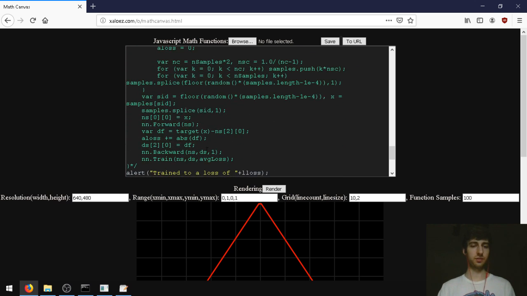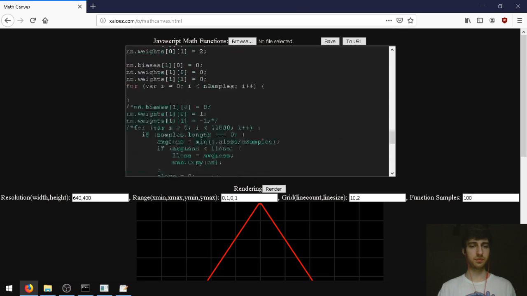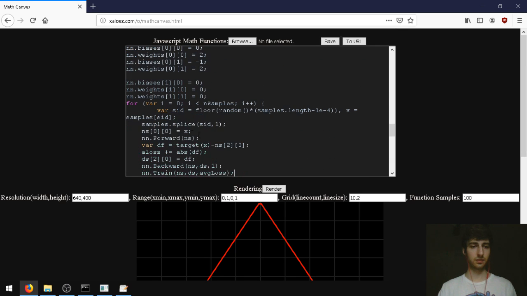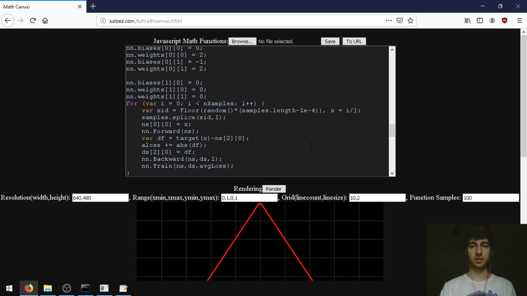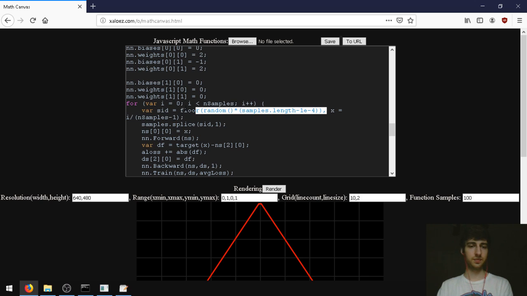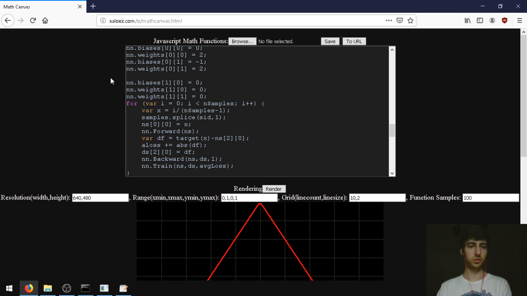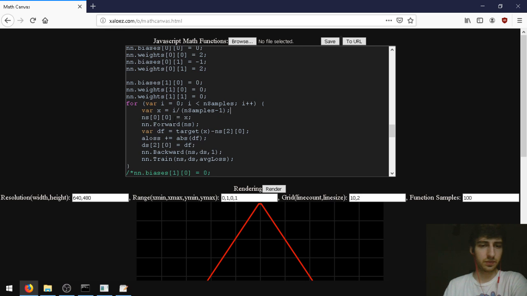So I'm going to do a very similar thing that we do here. Instead of randomly sampling, we're going to sample it fixed. I divide by n samples minus 1. We're just going to do one loop around the whole training data. So we'll do the forward propagation.